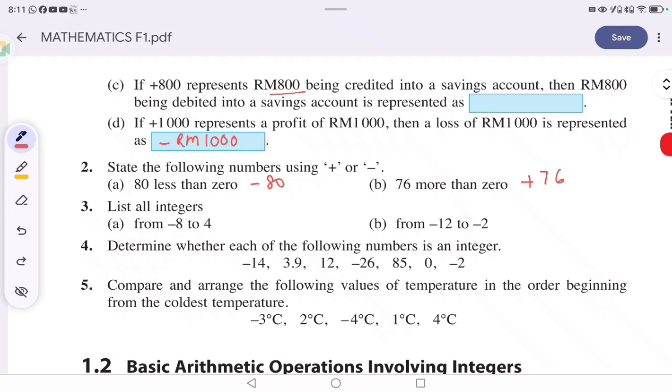Okay, list all integers from negative 8 to 4. You need to list out all the integers. Okay, so very easy.